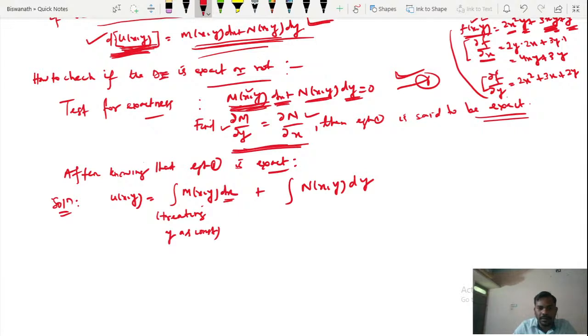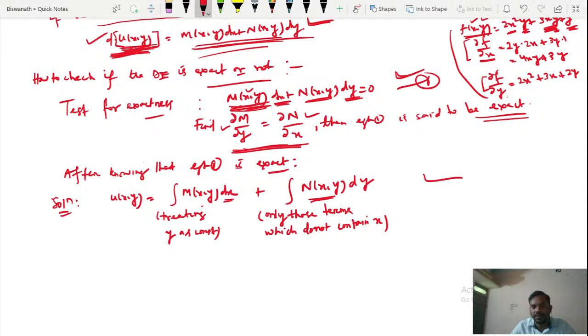Here for the n of xy term, I will take the integration subject to the condition that only those terms which do not contain x. Okay, you just remember this thing.